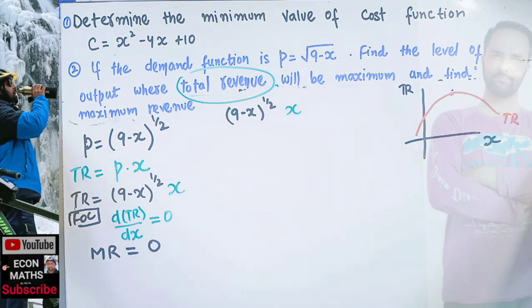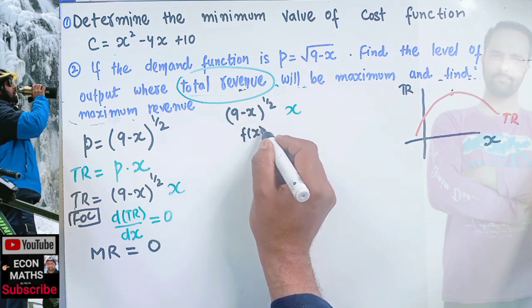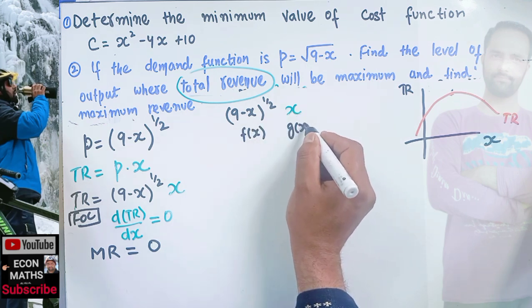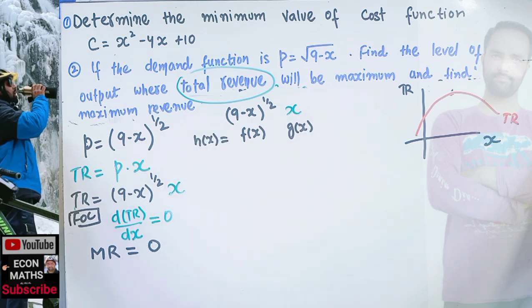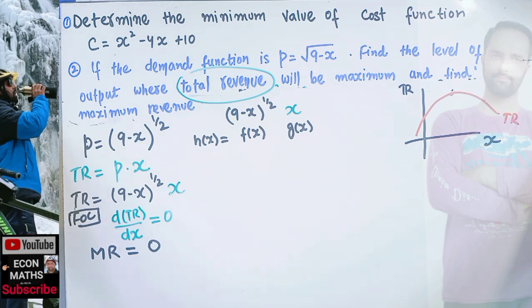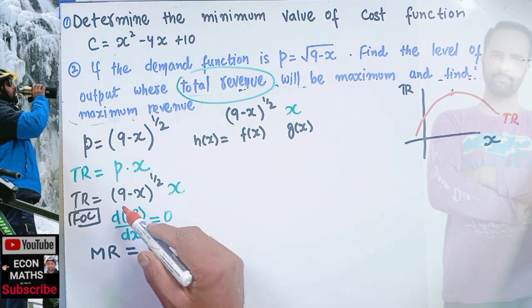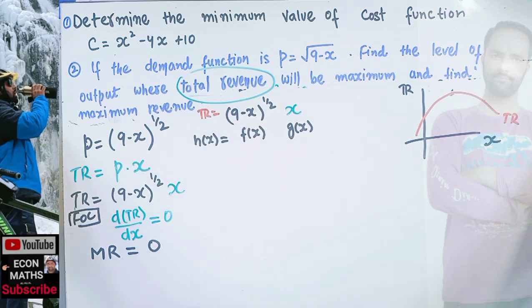Actually we have two functions here. Let us say this is f of x, let us denote the other by g of x, and let us say it is h of x. That means h of x is a function of two functions, that is f of x times g of x, and in place of h of x we actually have total revenue. Total revenue is a function of two functions. Now how do we apply the product rule? Simple.